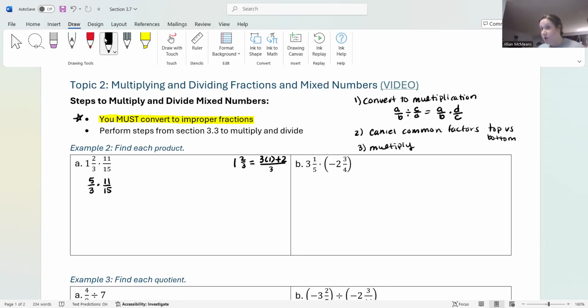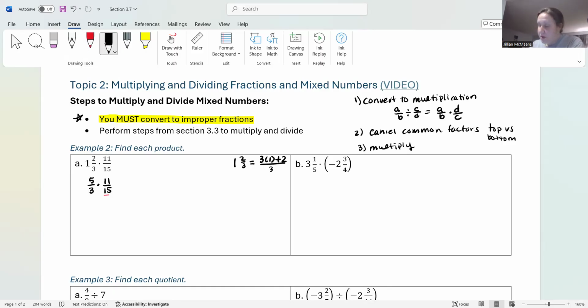Now, as you continue to work with fractions, I want you to get stronger at simplifying your fractions as you go when you're multiplying and dividing, but it can be a little tricky at first. So I'm going to rewrite this and write the two numerators over the two denominators, but this denominator, this 15, is not a prime number, so I'm going to rewrite it as a factorization.